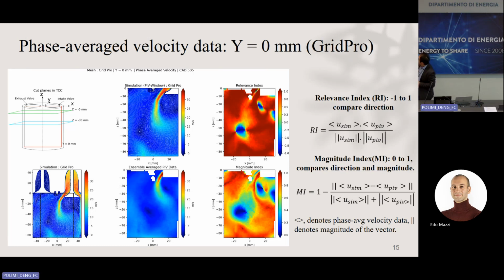As you can see, the jet has been modeled really well. However, we see some discrepancies in the vortex location. The vortex formation is there. In this simulation the vortex has been simulated, but the location of the vortex is just misaligned, which shows in the magnitude index as no match, but the vortex is being simulated.